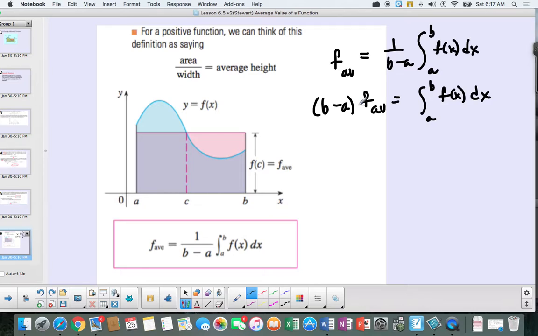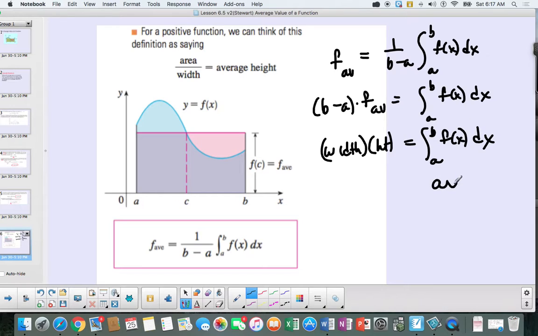Now this right here is a product, and this represents the width of the interval, and this is the height right here. This represents the height. So these two numbers together really give an area of the rectangle, and that is equating to the area under the curve.